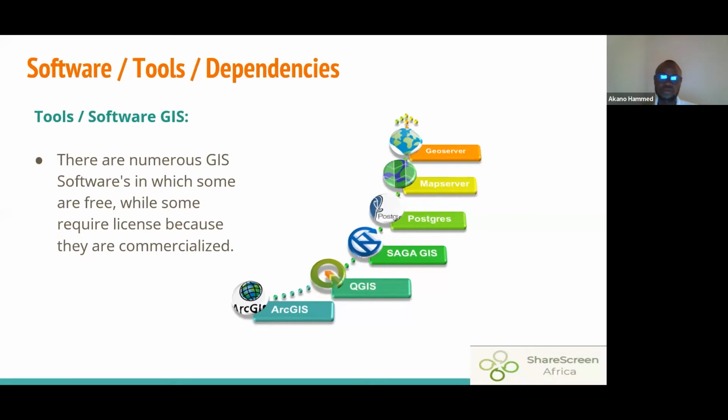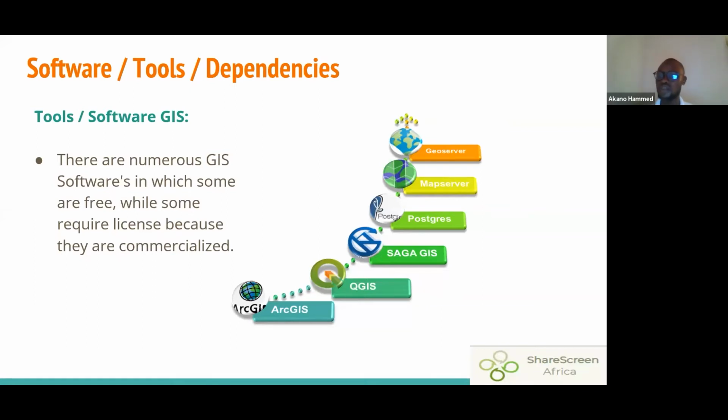So one of which is ArcGIS, a license-based GIS software, and it's very reliable and robust and has a wide community. What I mean by a wide community is that if you have any issue, it's very easy for you to get a solution, because when you're talking about any technological software or tools, the first thing you have to know is, does this software have a robust community?